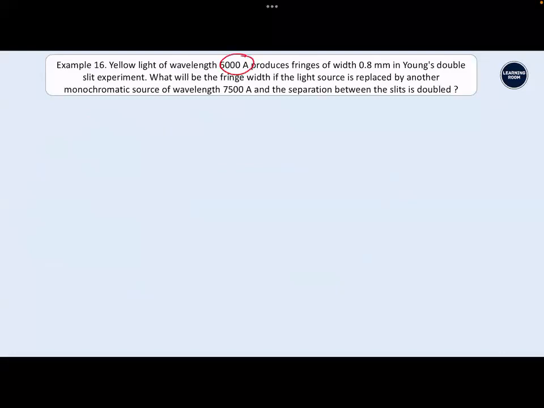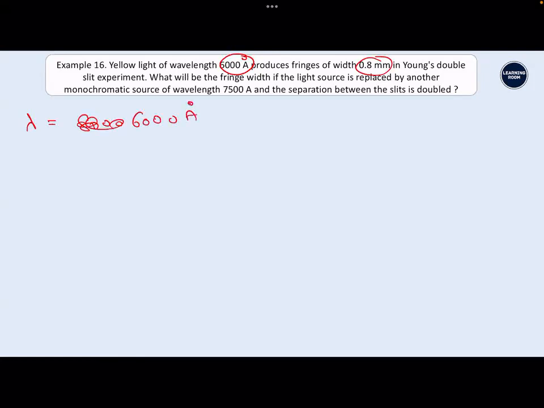Yellow light of wavelength 6000 angstrom produces fringes of width 8.8 into 10^-3 meter. What will be the fringe width if the light source is replaced by another monochromatic light of wavelength 7500 angstrom and the separation between the slits is doubled?